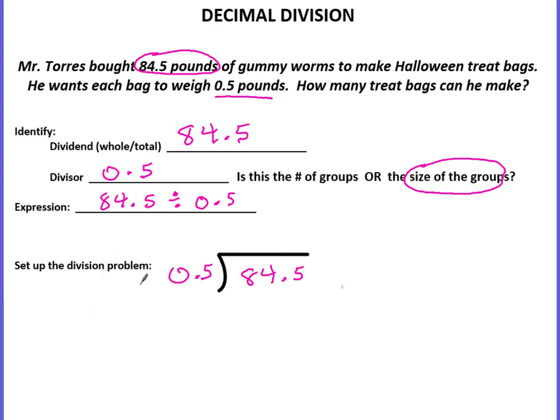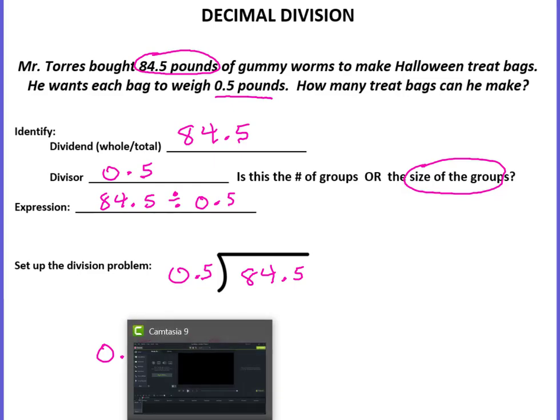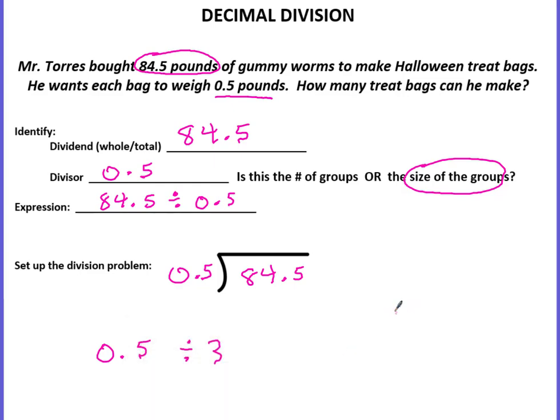For example, he might have 5/10 pounds of gummy worms, and he wants to split it equally among 3 students. Well, in this case, the divisor is larger than the dividend. So the 0.5 would go inside the house. So be very careful, be aware of that. It's always going to be the total or whole amount that goes inside the house.